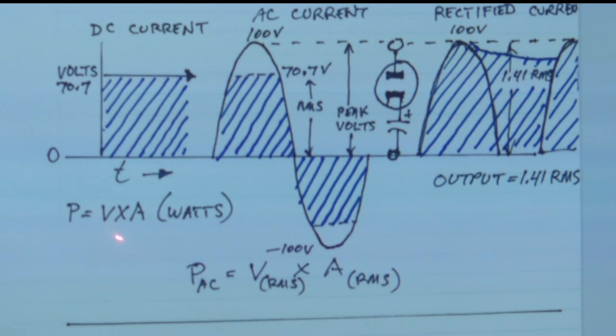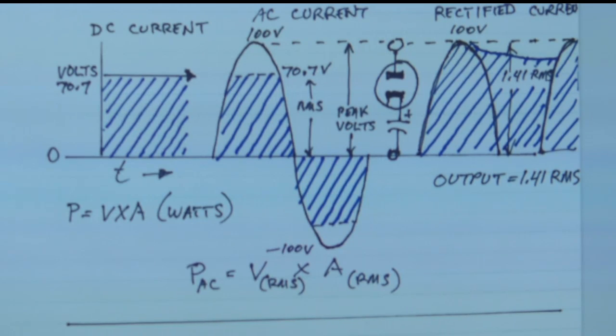And here we've got power expressed in a DC circuit as volts times amps. Typically that's watts. But when you look at a radio, and you might look at the label on the back or on the chassis, you'll see something like volt-amps, and you'll say, is that the same as watts?